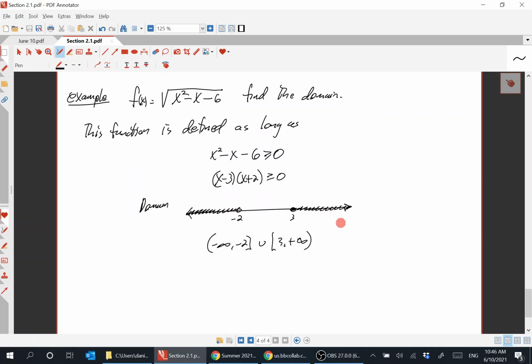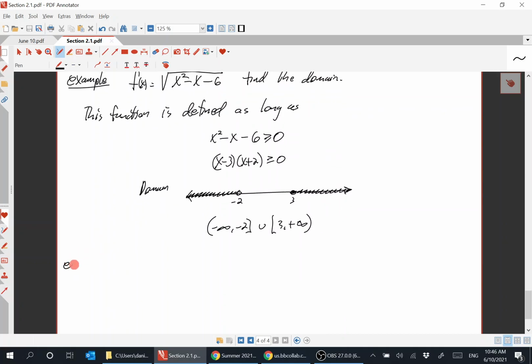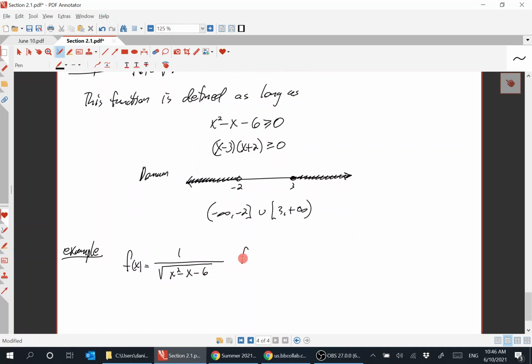One more example using this. Find the domain.